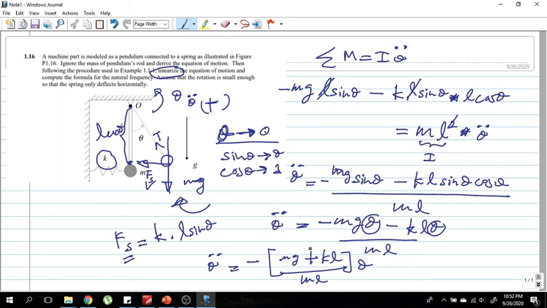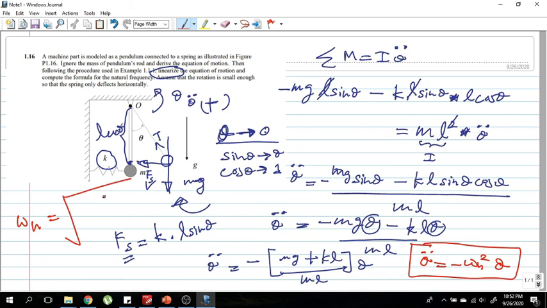Okay, now this is a familiar equation to you, so it looks like this, right? Therefore the natural angular frequency is what? The square root of (mg plus KL) divided by ml. Okay, now this is the answer.